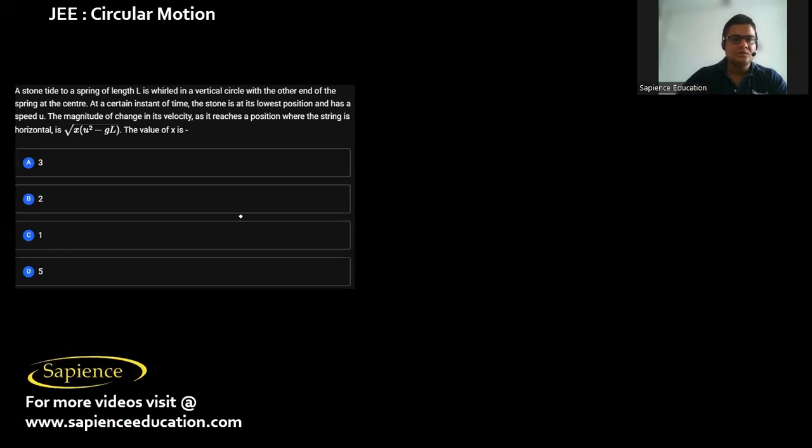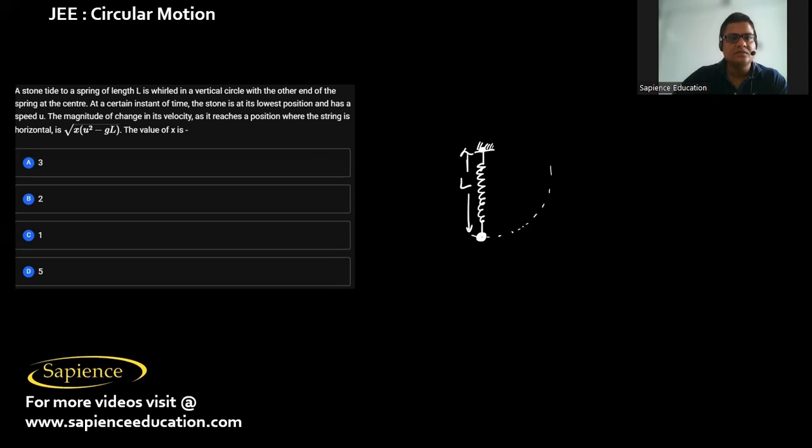So here it is told that a stone tied to a spring of length L is wheeled in a vertical circle. So the stone is wheeled in a vertical circle and this point is fixed. It is tied to a spring of length L in a vertical circle with the other end of the spring at the center.